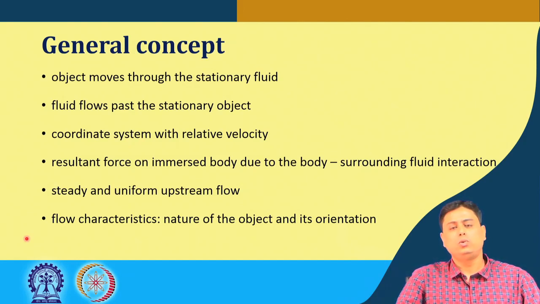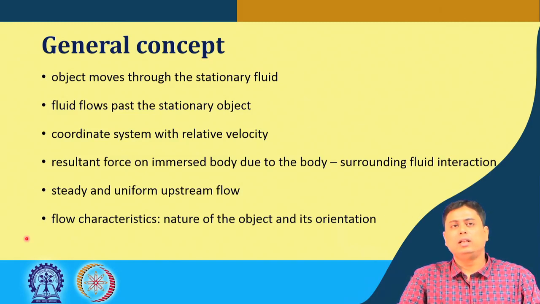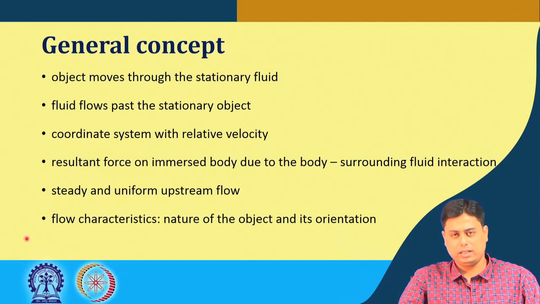Again, the two scenarios are: one, a stagnant or stationary pool of liquid where a particle is falling, which is the example of an object moving through a stationary fluid, and the other scenario can be that the fluid flows past the stationary object.